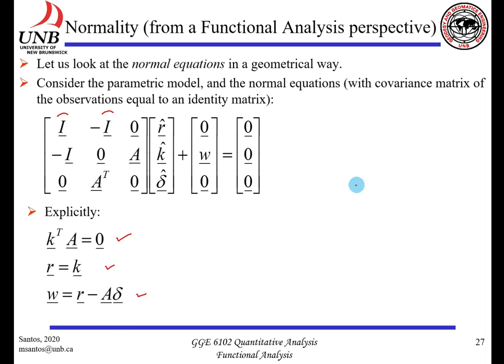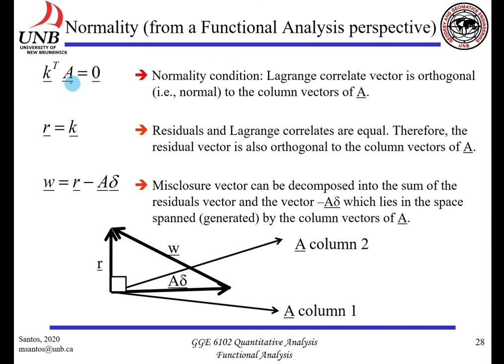So let's look at this now from a geometric perspective. K transpose equals 0. This is a normality condition.